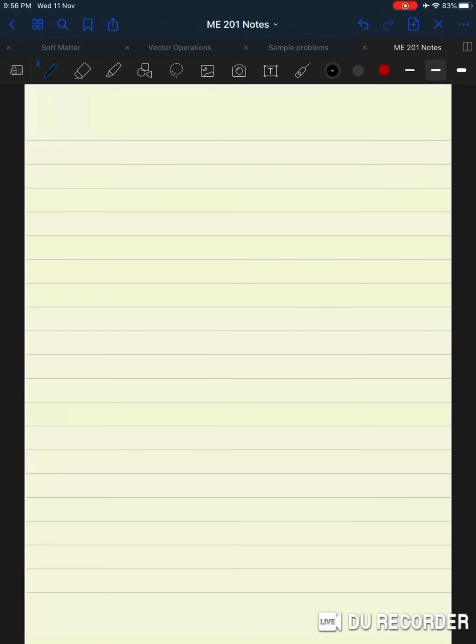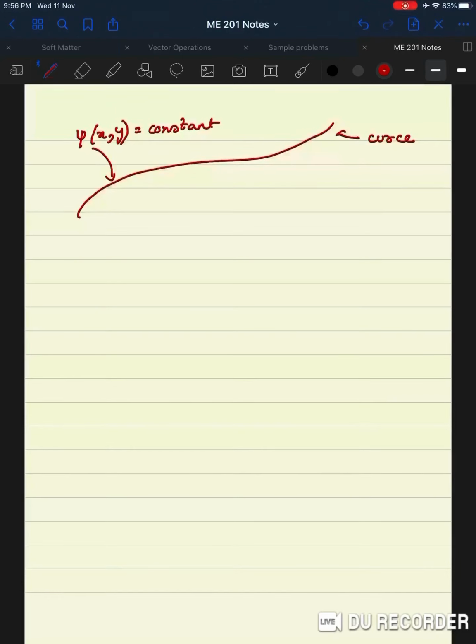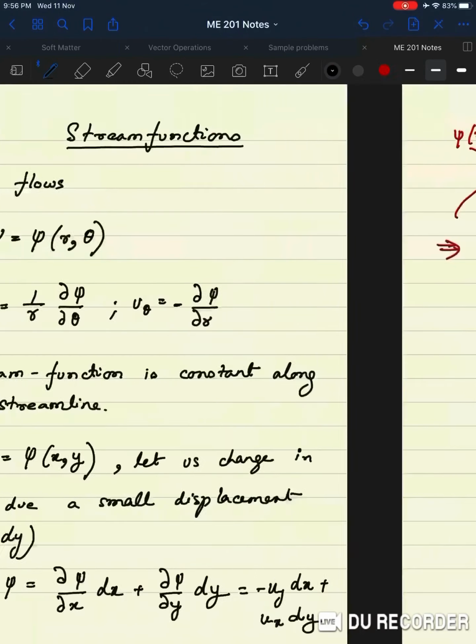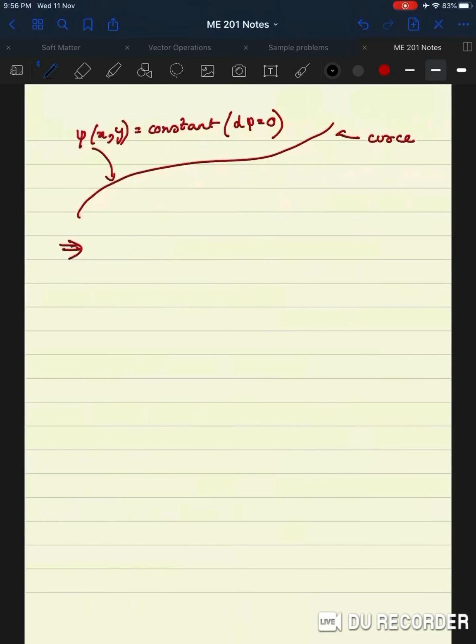So we want to determine a curve, okay. The curve that we seek is such that psi(x, y) equals some constant, which implies d psi is equal to 0. Therefore, the curve that we are looking for is such that d psi equals 0, equal to minus uy dx plus ux dy.